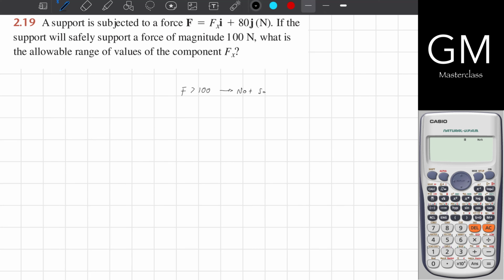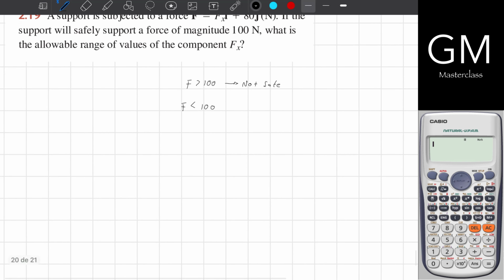So what we have to make sure is that F must be less than 100. What does it mean? That 100 must be greater than F.